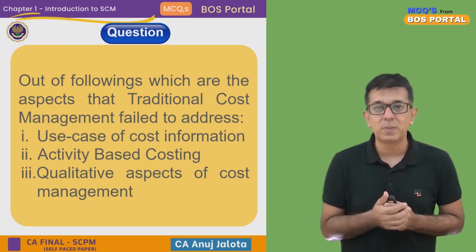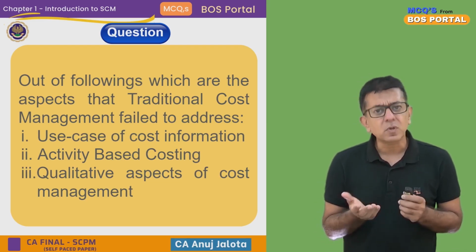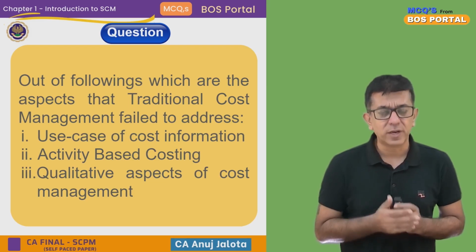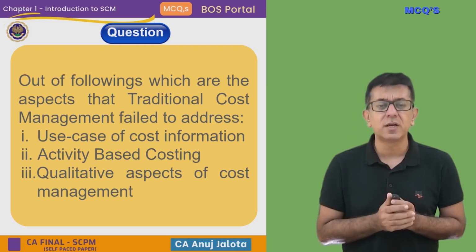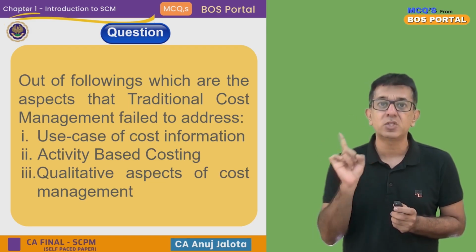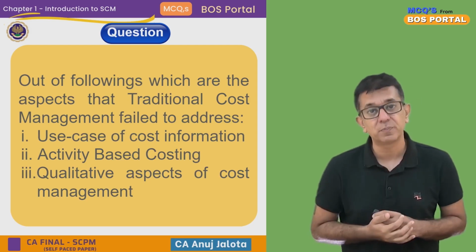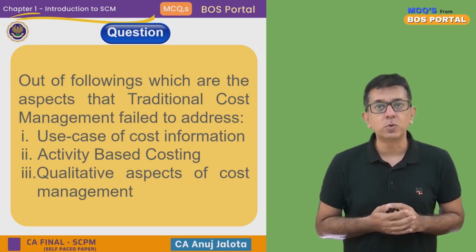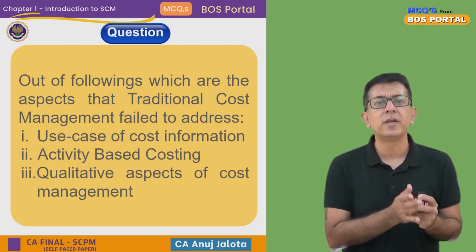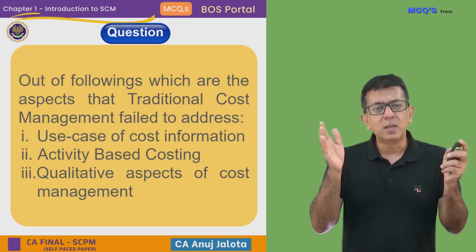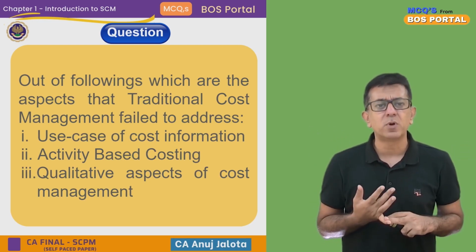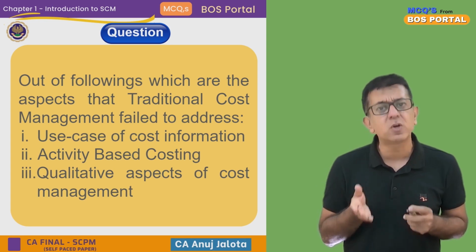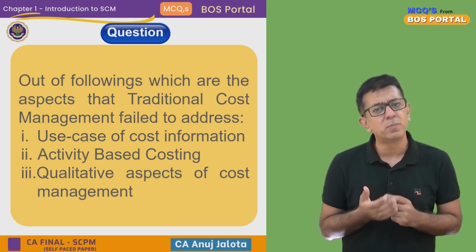But this is one part that your traditional cost management, if you ever want to think, sir, traditional cost management means the CA Inter chapter of overheads or absorption costing. It basically said, let's do allocation, apportionment, reapportionment, and ultimately absorb all the overheads based upon machine hours and labor hours. But every cost in this world is not dependent upon machine hours and labor hours.